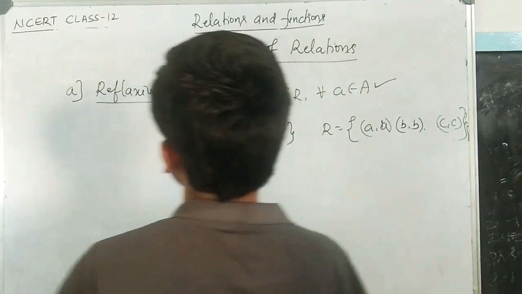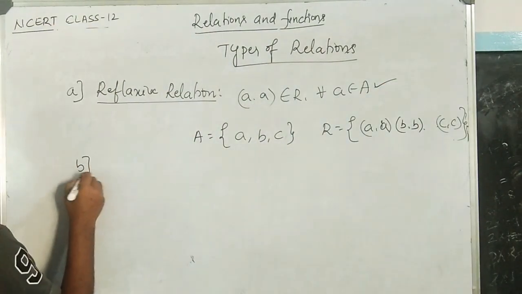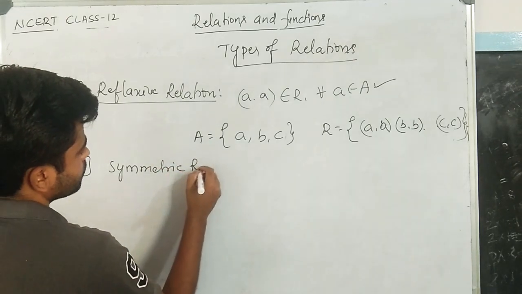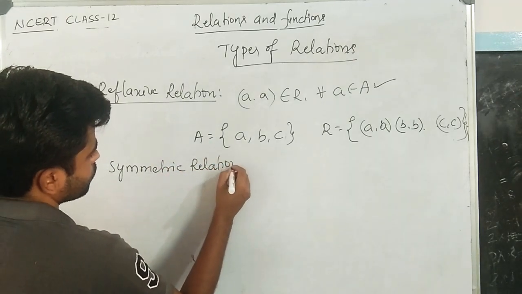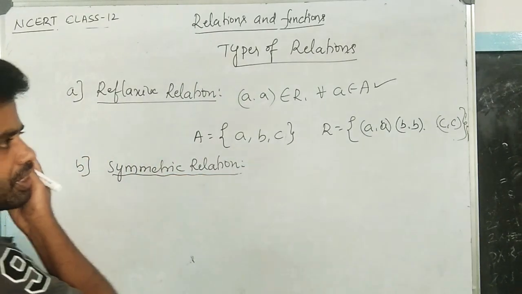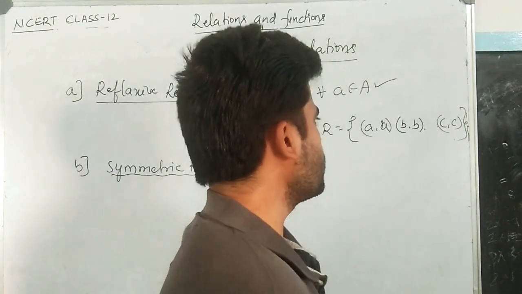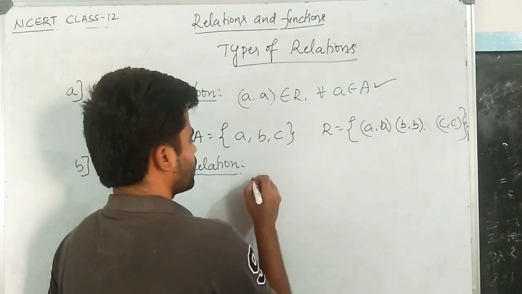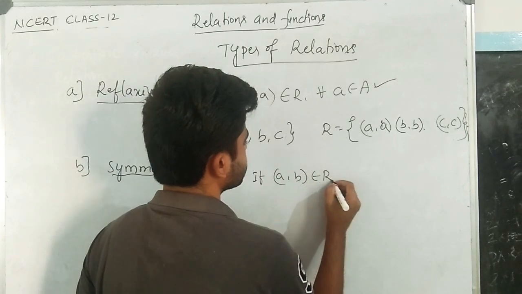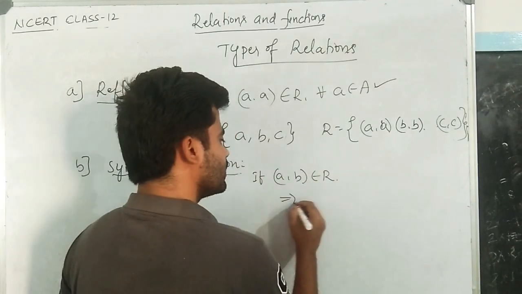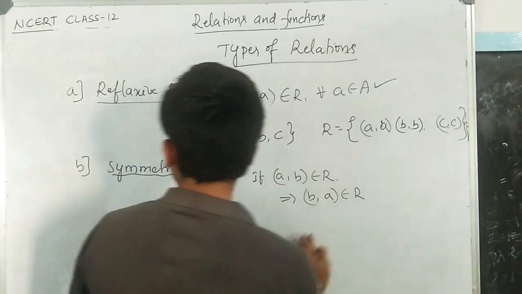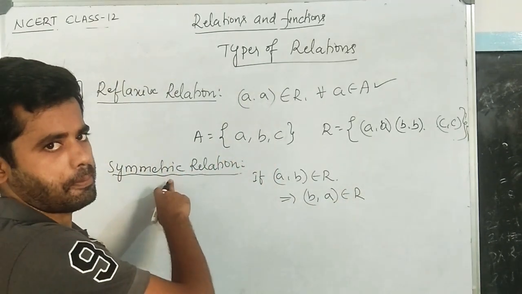Okay. Next, come to the next one, symmetric relation. What is a symmetric relation? I will select one of the ordered pairs in the relation. If (a, b) is in the relation, it implies (b, a) is in R, then it is a symmetric relation.